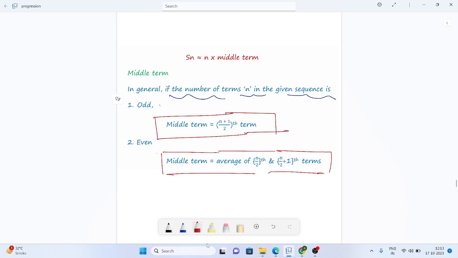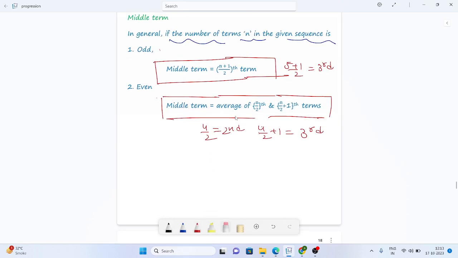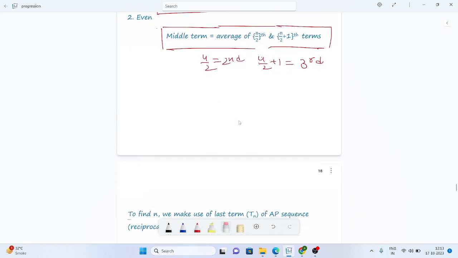Like here, if a sequence contains 5 terms, the middle term is the third term. If the sequence contains 4 terms, the middle term is the average of the second and third term. Okay. Note this down, then we move forward.